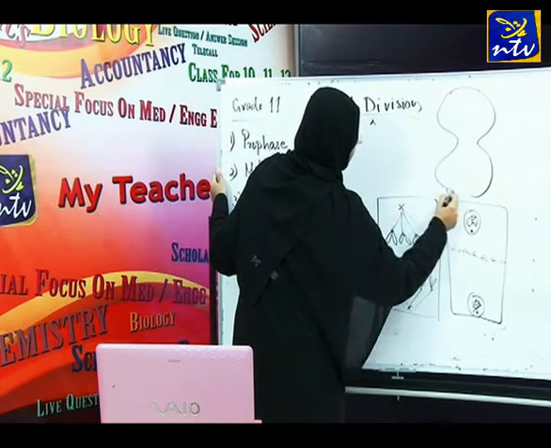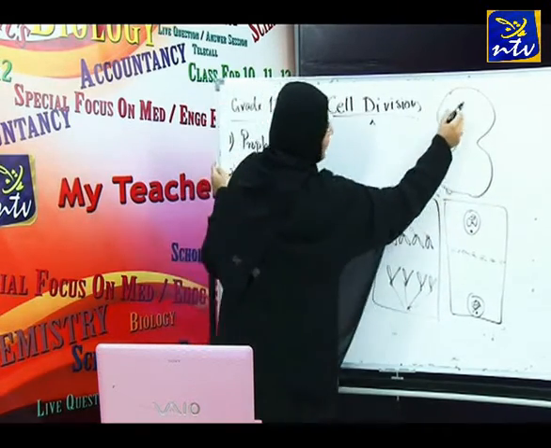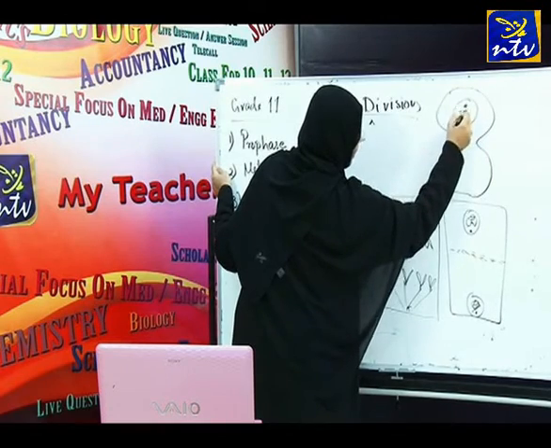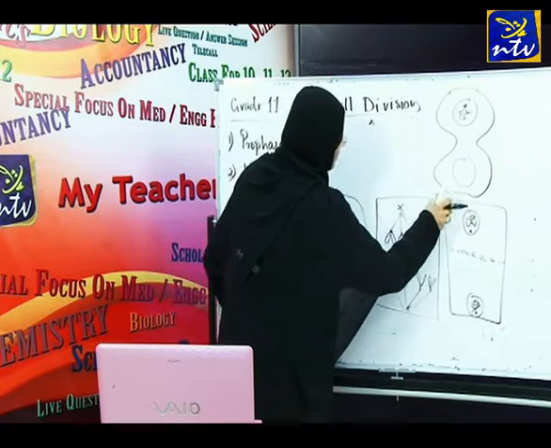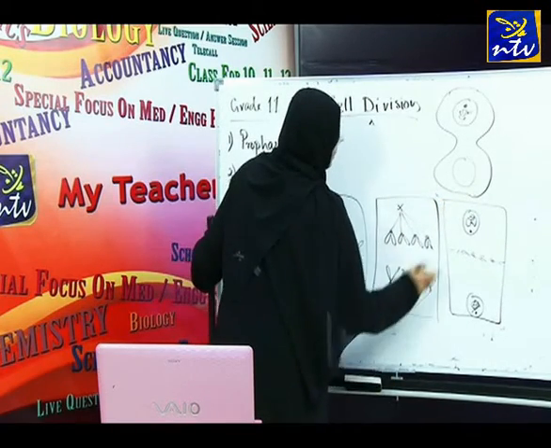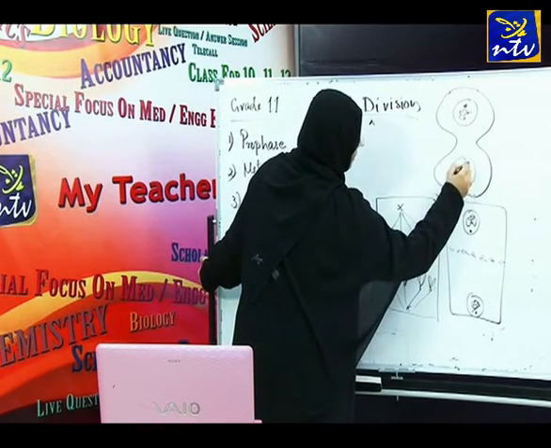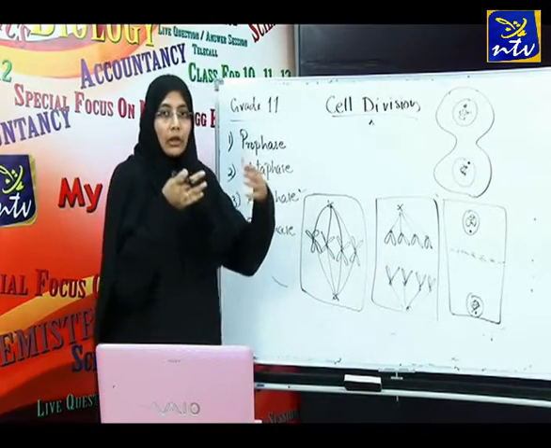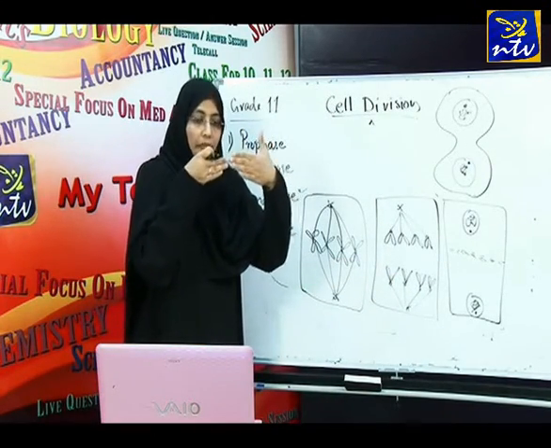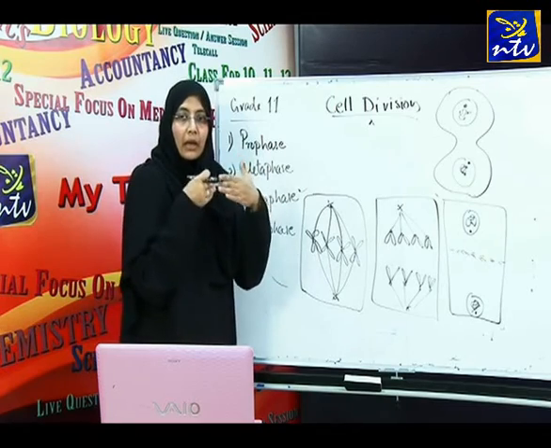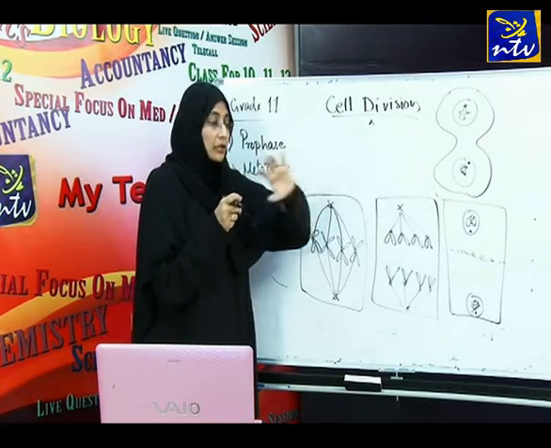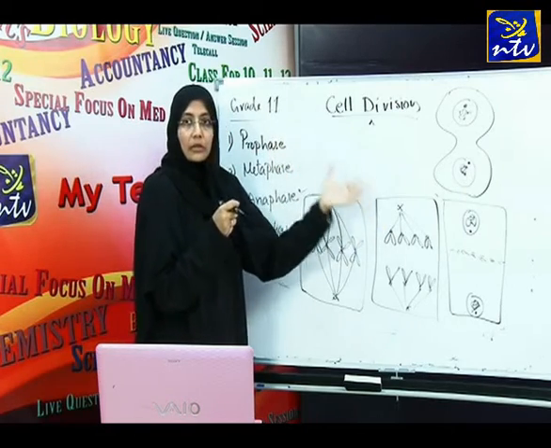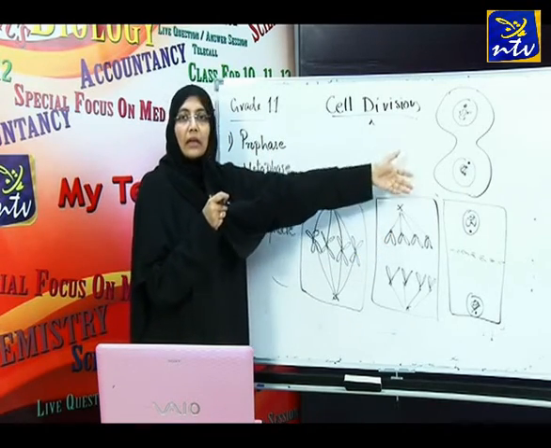This cleavage furrow will move inward, the cell membrane moving inward, and as a result a cell will be divided into two cells. Now we understand the difference in cytokinesis in plant cells as well as in animal cells.